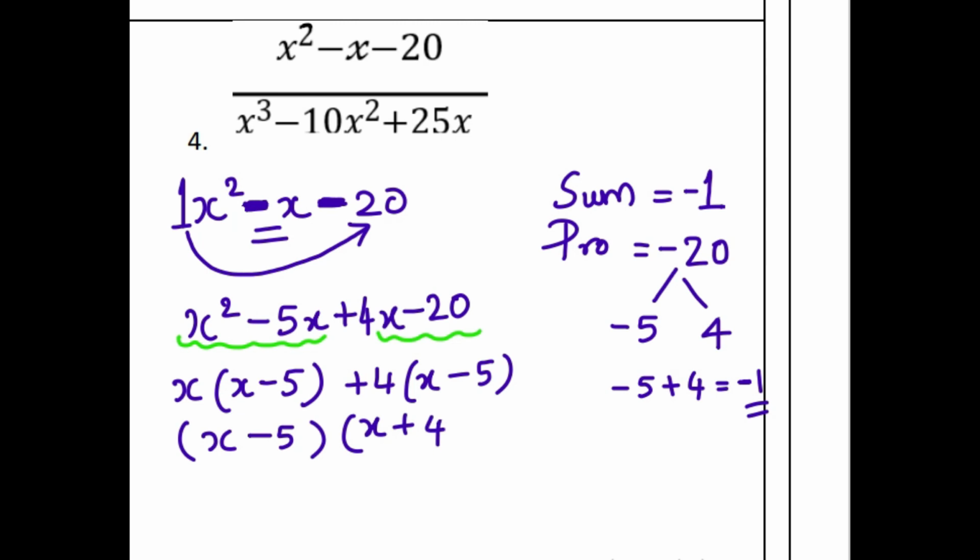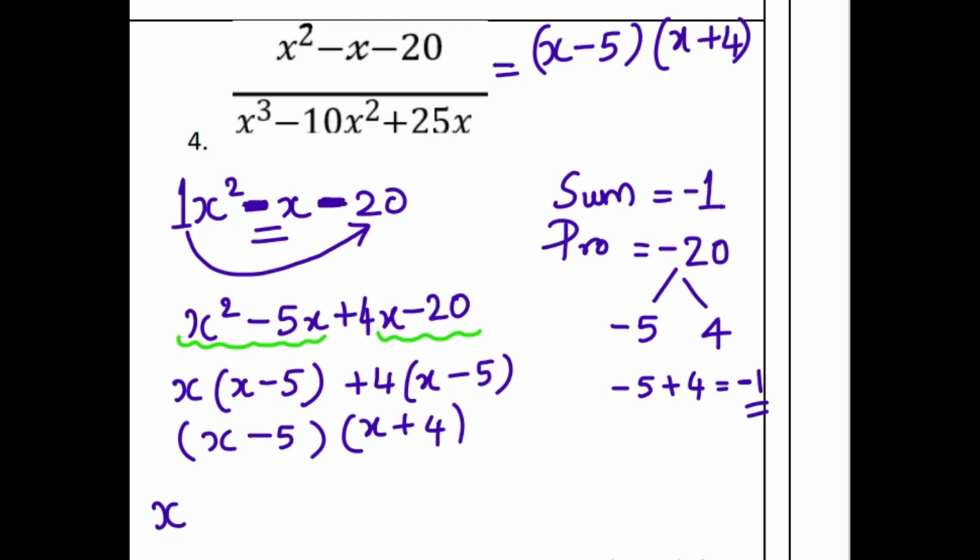Now looking at the denominator, you have x to the power 3 there, which tells you it's a cubic expression. But the simplification is again, since I need more space, let me just write the numerator, which is x minus 5 times x plus 4.